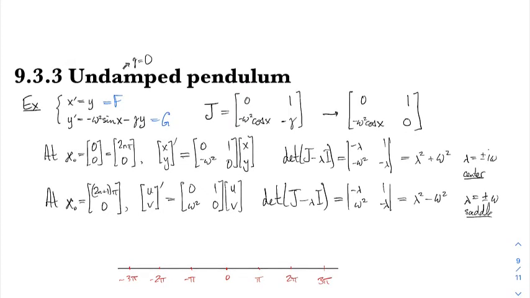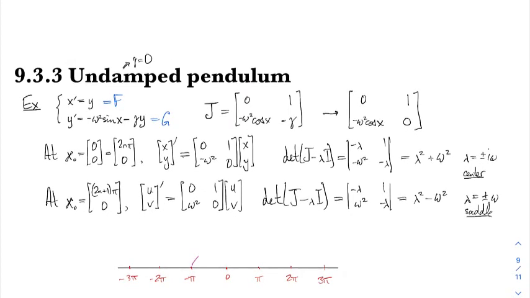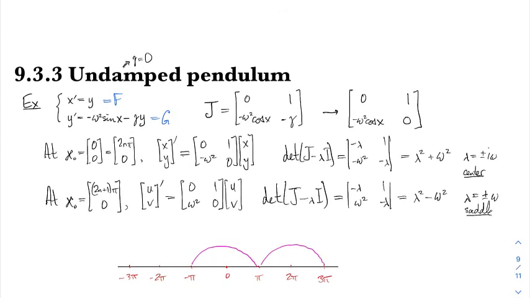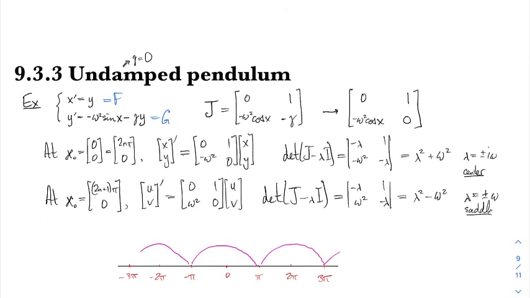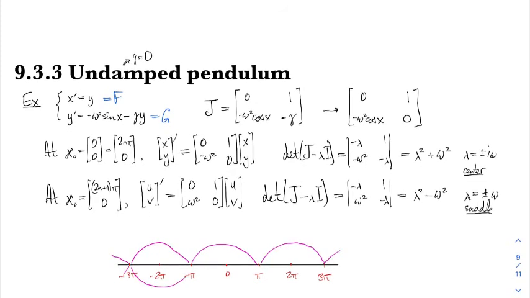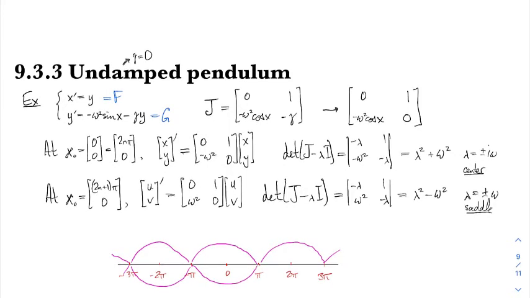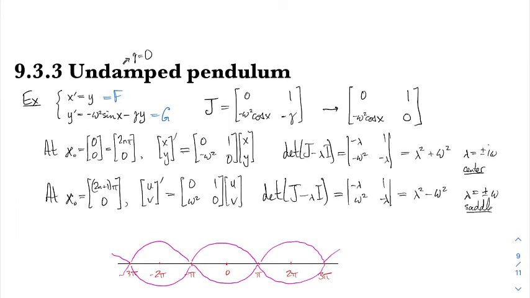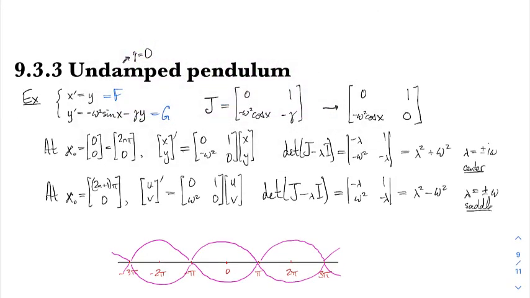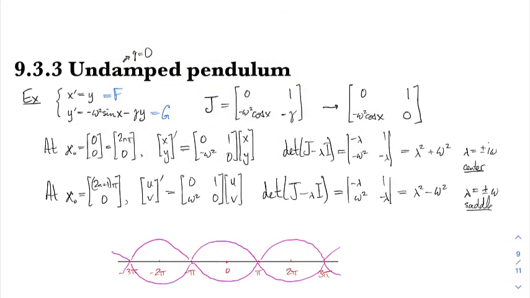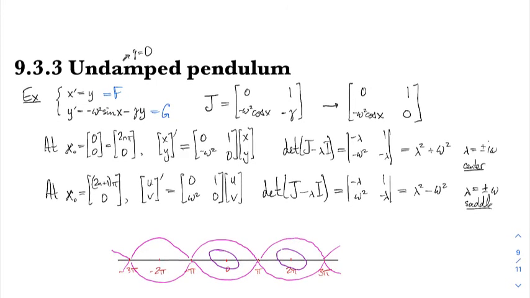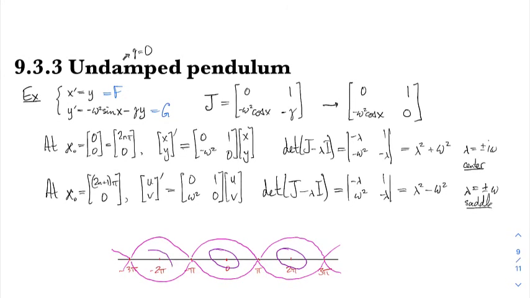So what's going to happen is these odd ones are like saddles. And if we're inside, then we've got some kind of periodic trajectory, something that looks like this.